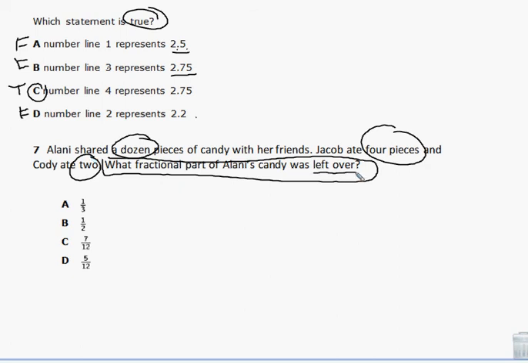So if Jacob ate 4, Cody ate 2, that's 6 pieces of candy. Now I got the word dozen here. I know a dozen, I think about eggs, is 12 pieces of candy. If those 2 boys ate 6 of them, that leaves 6 pieces of candy.